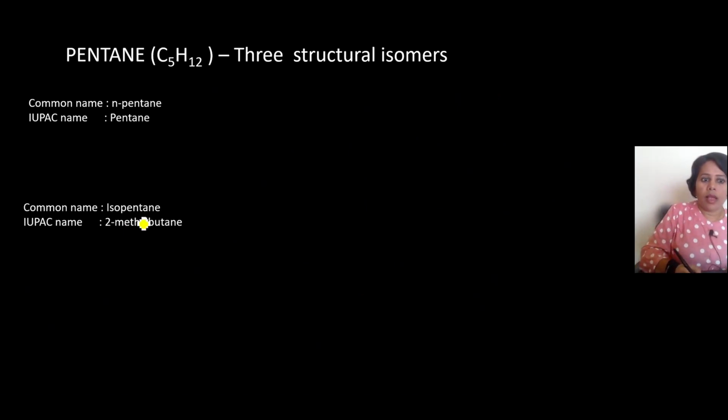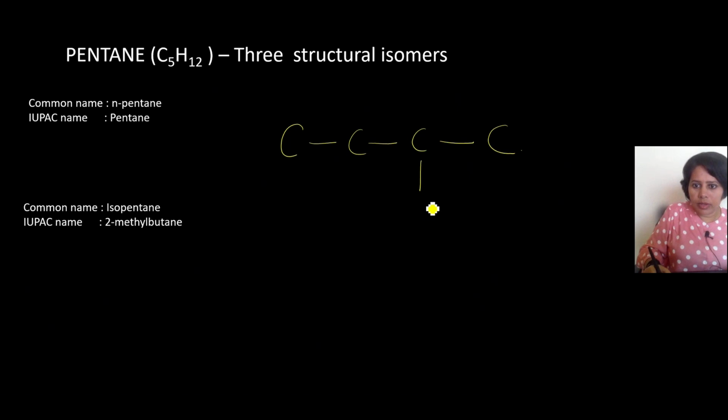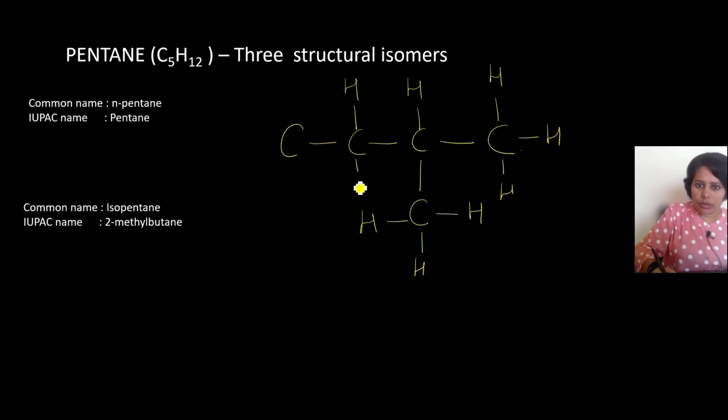Next, isopentane. We have the same molecular formula. Isopentane means only one branching will be there. So we put the hydrogens.